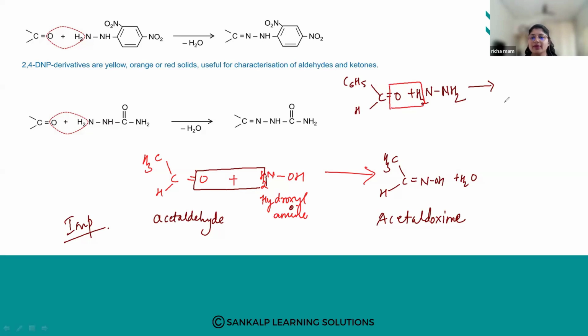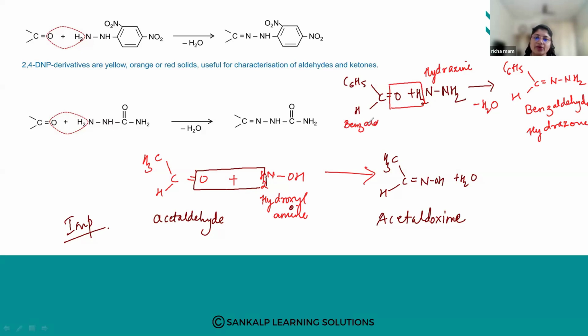So there is a loss of water molecule. So it will be C6H5CH double bond N NH2, right? So this is benzaldehyde hydrazone. Okay, you get a hydrazone. So when your benzaldehyde reacts with hydrazine, what are you going to get? I'm going to get benzaldehyde hydrazone. Okay, benzaldehyde hydrazone.